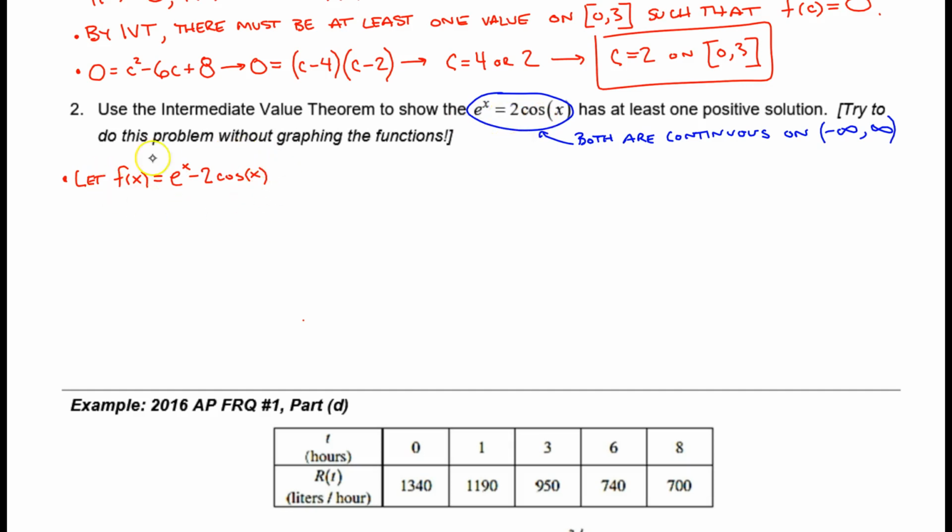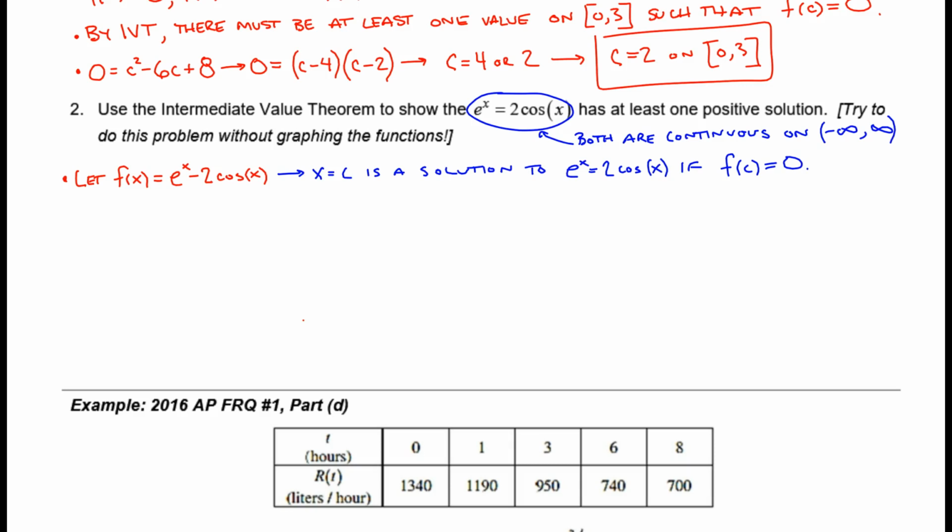So when the output of this function is 0, I have a solution to the equation that I was originally given. That states in words what I just said: x equals c is a solution to that original equation if f of c equals 0.